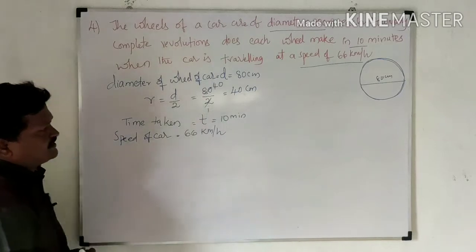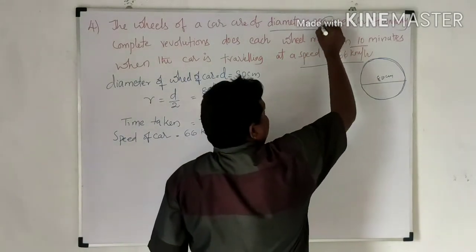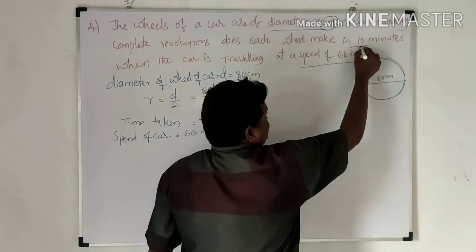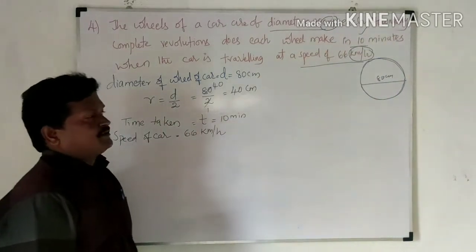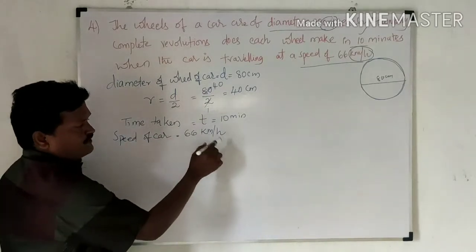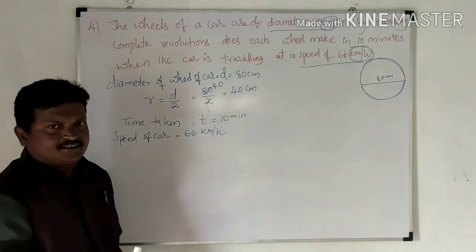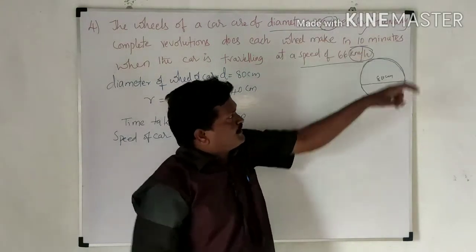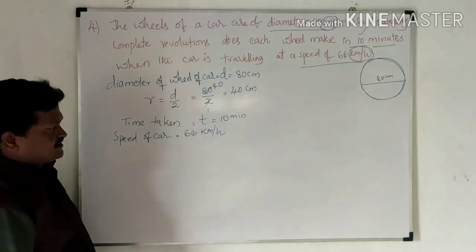Observe one thing here. The radius is given in centimeters, the speed is given in kilometers per hour, and the time is given in minutes. So we have to change kilometers per hour into centimeters per minute. How can we change this?